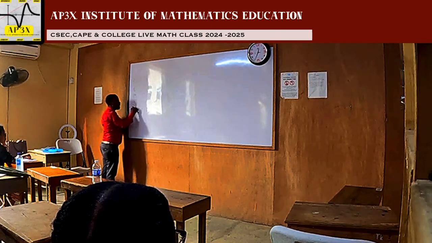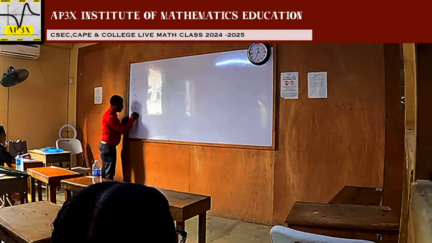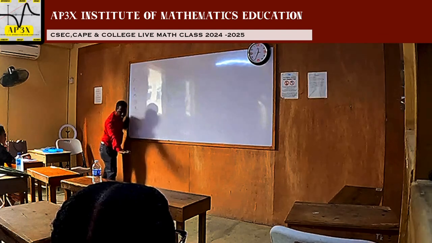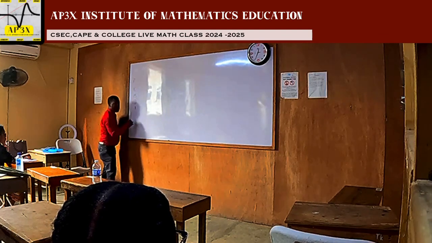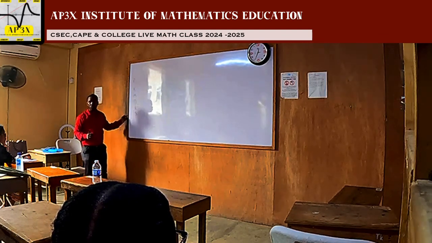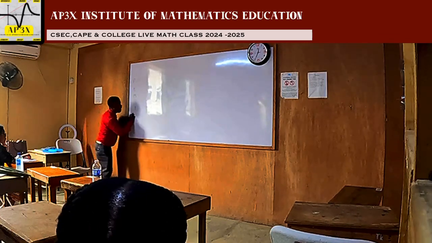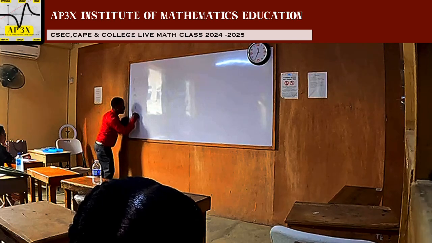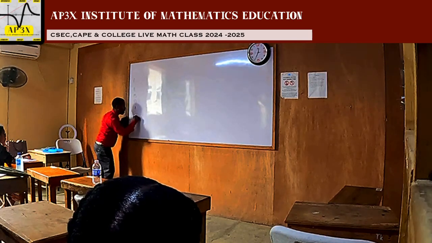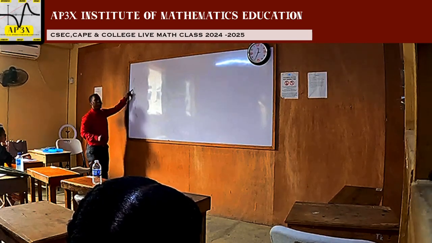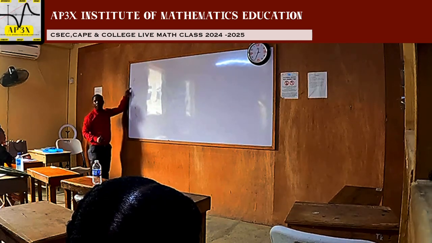We use PEMDAS mainly when we want to introduce younger kids to it, because at that level of math we don't talk about exponents, square roots and cube roots. We mostly talk about add, subtract, multiply, and divide. Because you're at this level, you're going to be exposed to those types of calculations, so now we have to add in an extra two operations.